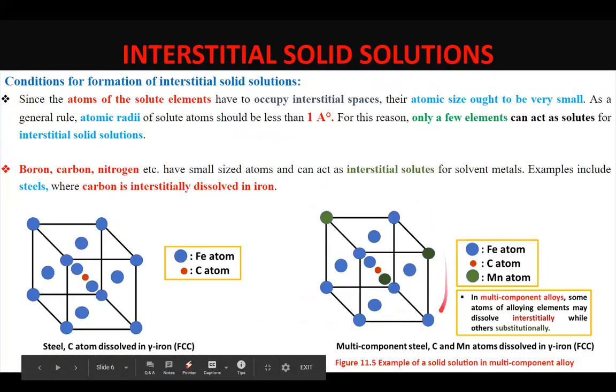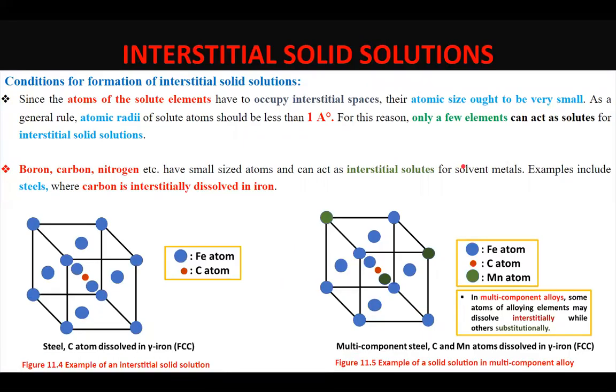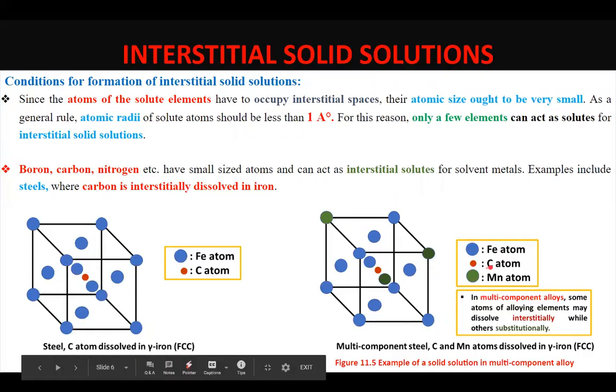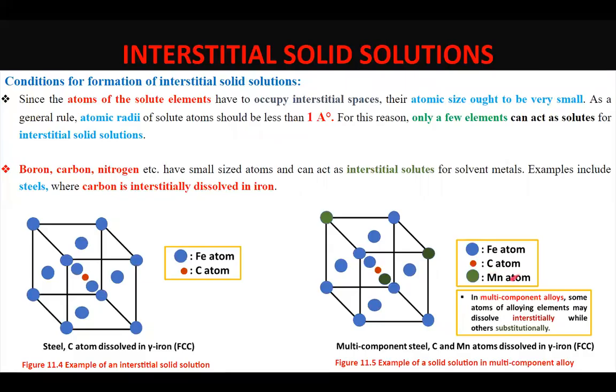See, there can also be examples where you have 2-3 elements forming a solid solution, and you can see here iron atom is the solvent, so the crystal structure is that of the solvent. But then as solutes you have taken carbon atom and manganese atom, and you can see that in the same solid solution, one of the elements' atoms is acting as a substitutional solute, whereas the other is acting as an interstitial solute.